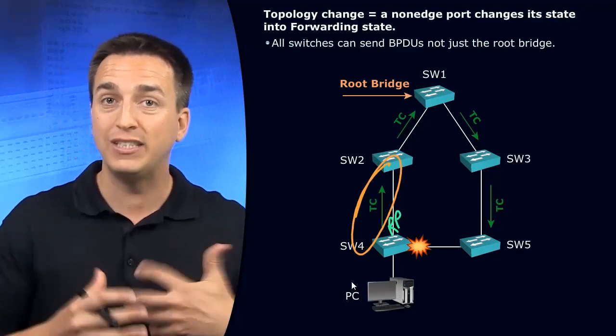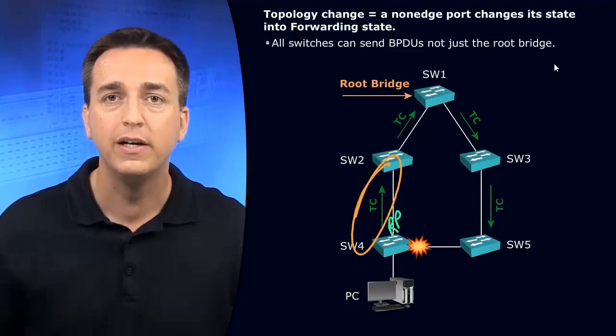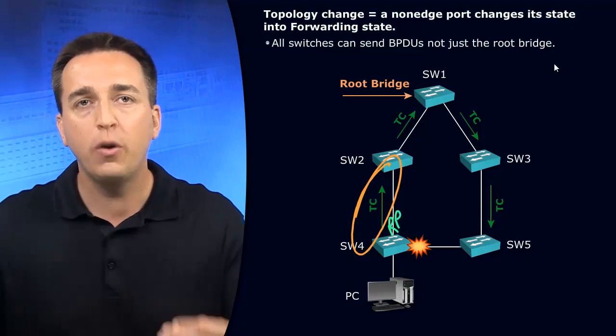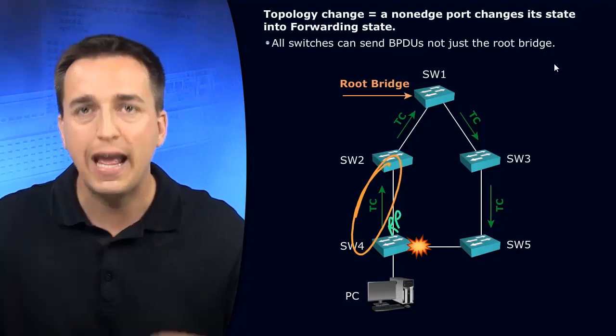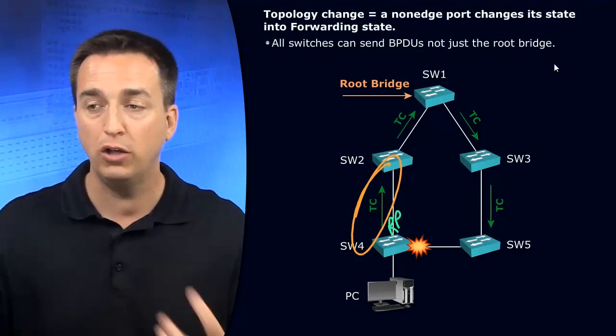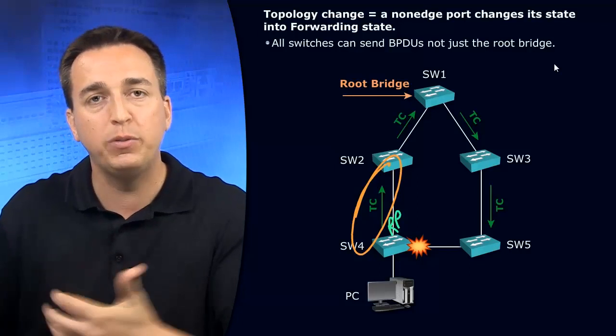So the topology change is sent out, flooded through the network, and as each switch receives it, they will go through the process they need to go through in order to make this transition happen. Now, the transition is going to occur only if that topology change BPDU is going to make these particular switches change.